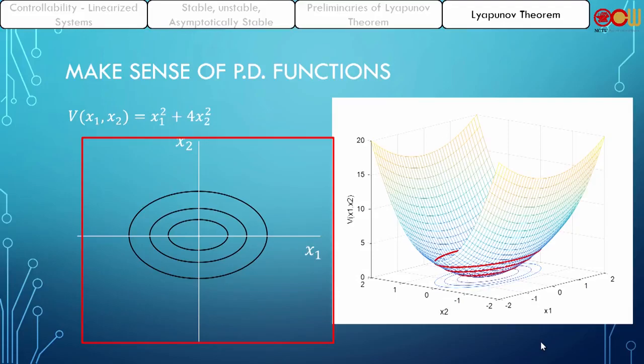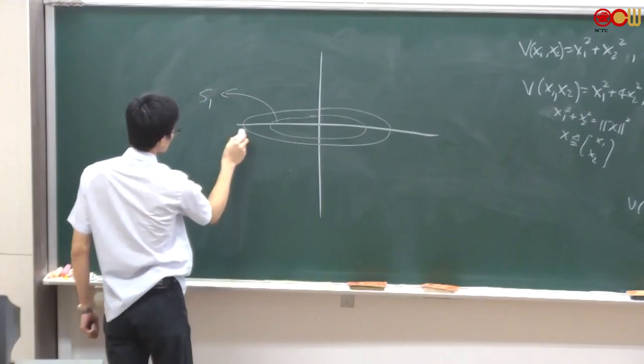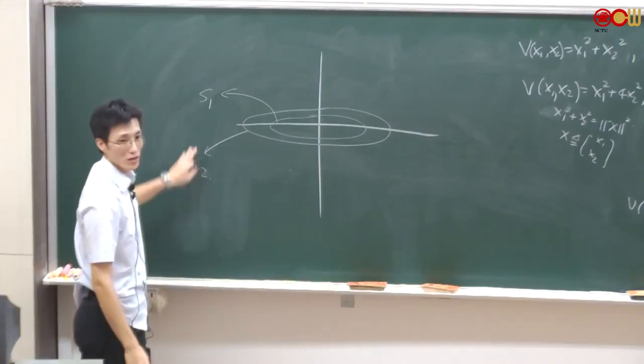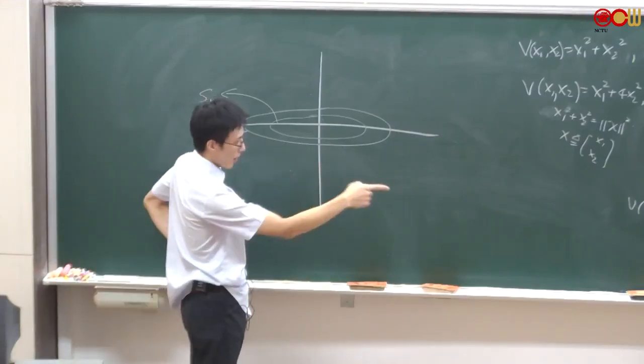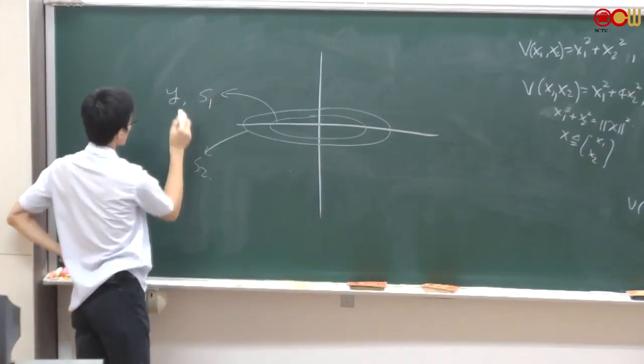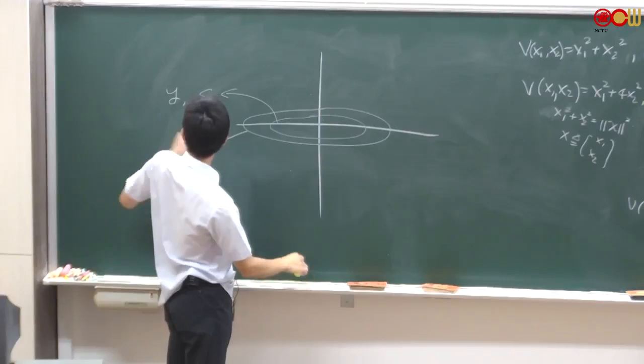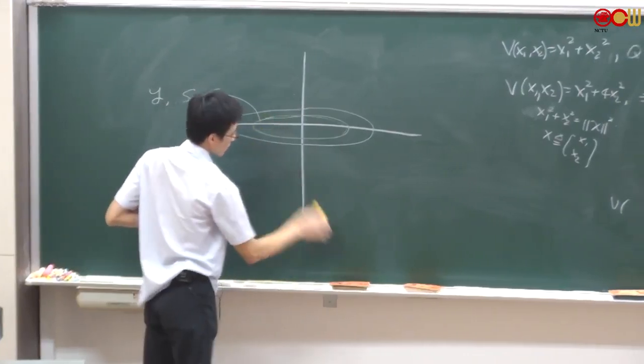Let me give you a counterexample. This is S1. This is S2. Greater value of V, smaller value of V, and that argument y, z, right? y is any point on the orbit.